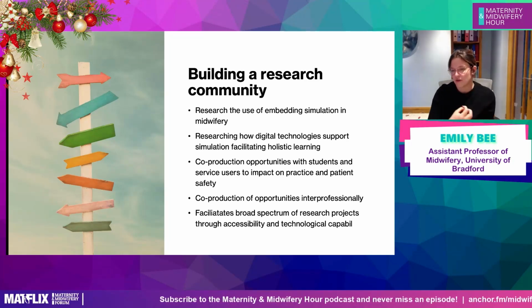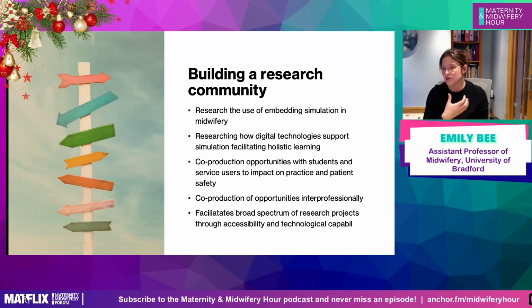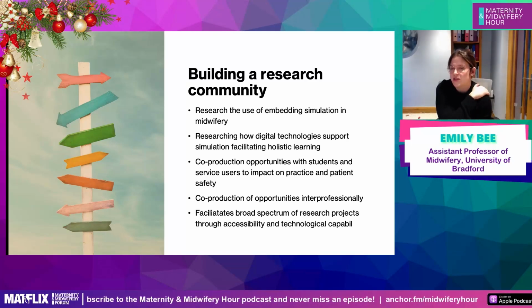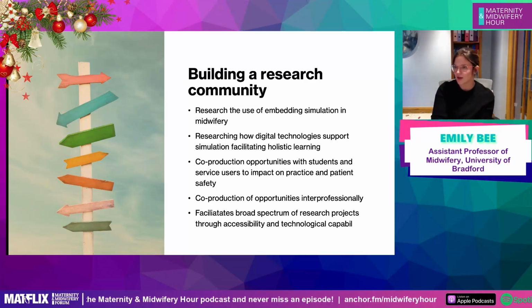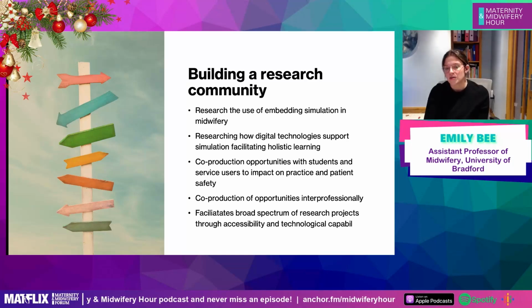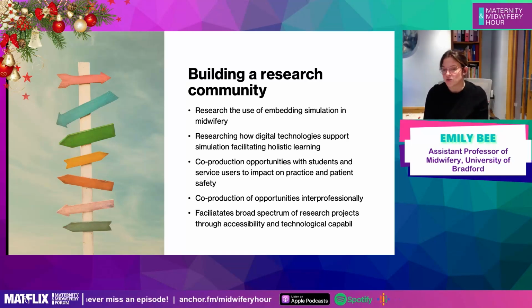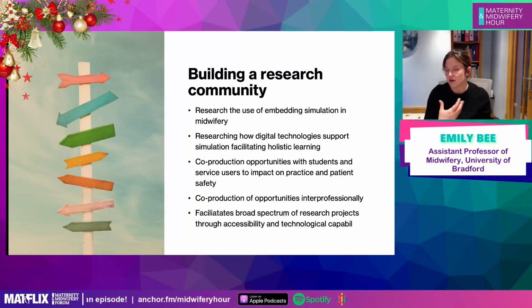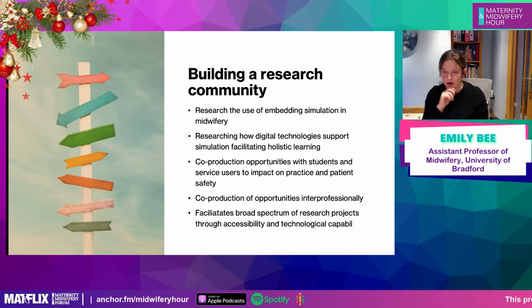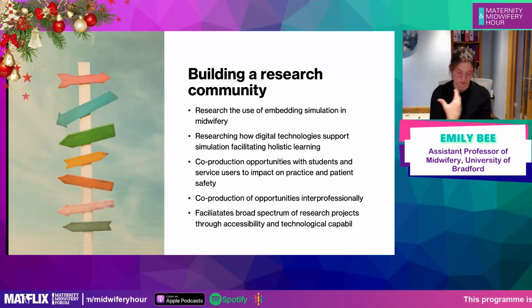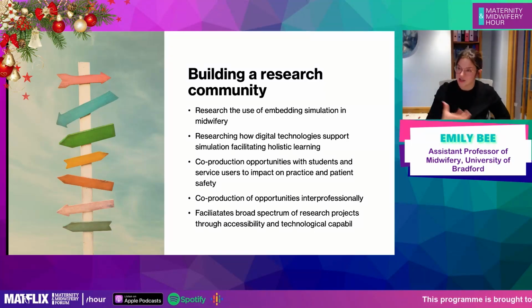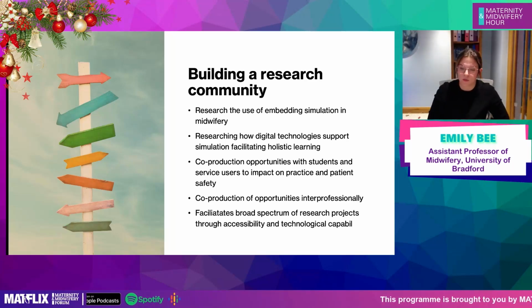The room itself is going to be the start of us building our research community at University of Bradford and beyond. So we've got research looking at the use of embedding simulation in midwifery, research looking at digital technologies to support simulation and facilitate holistic learning. One of my colleagues also has a very specialist interest in digital technologies, so looking at that specifically as well.